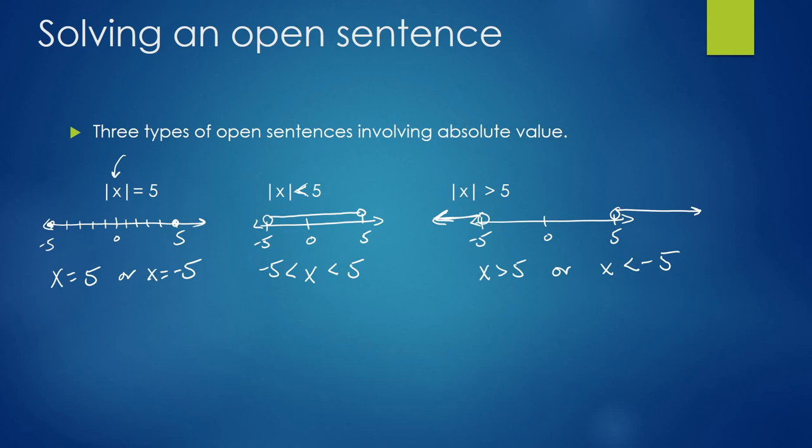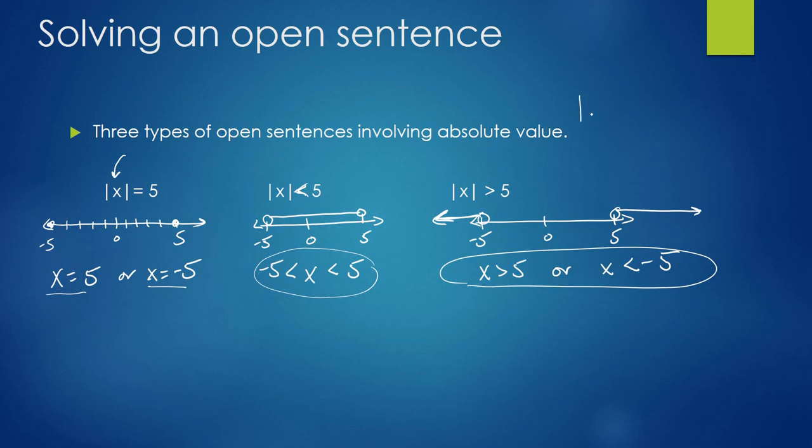Okay, so you notice that each of these solutions has 2 possible parts to it. An equation is either just the number as a positive or a negative. Less than is in between the 2 endpoints, and greater than is outside of the 2 endpoints.